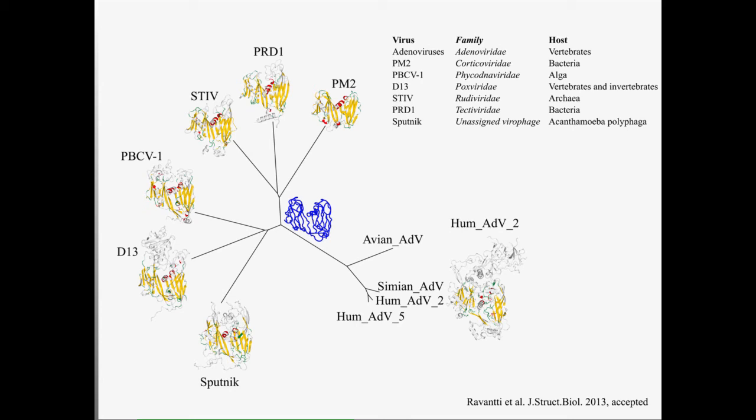And it's true for many, many, many of these. So the receptors are going to be different for these different adenoviruses, different for STIV, different for PRD1, different from PM2. So the overall structure of your virion is going to be extremely well conserved in terms of just the structure. The actual interactions with your receptor are going to be very different.